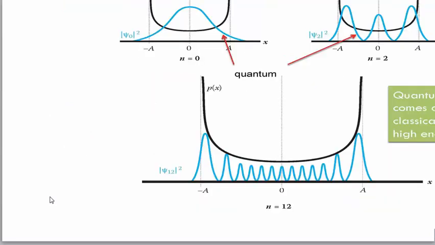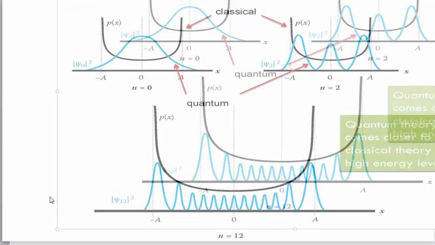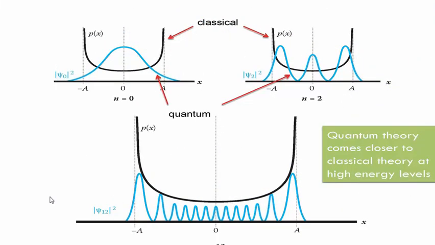So finally, what we should see here is that looking at the probability of the system or the separation being a certain distance x. If you look at the classical understanding, p of x is the probability here.